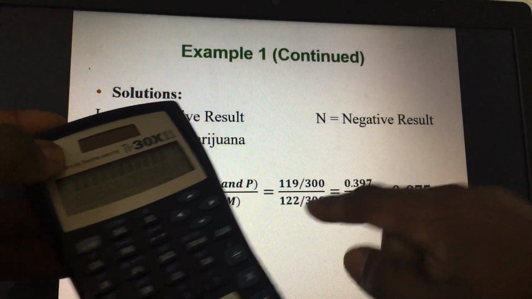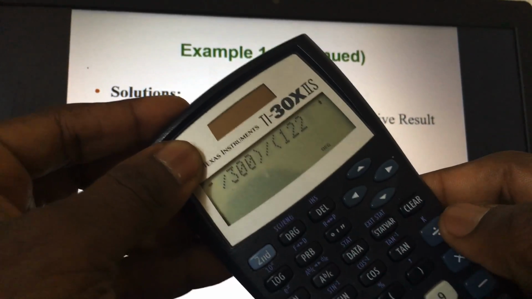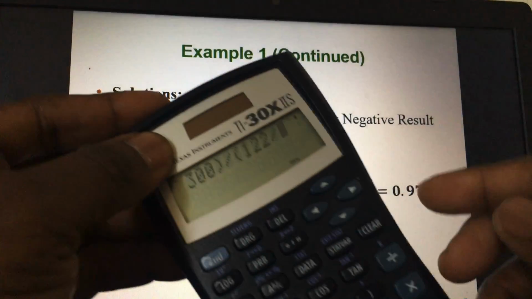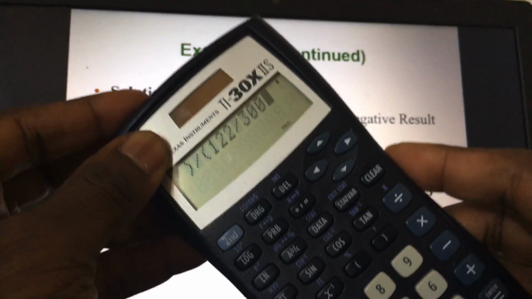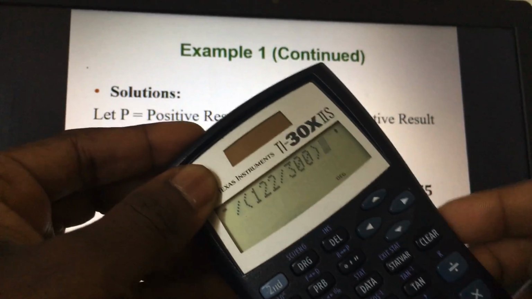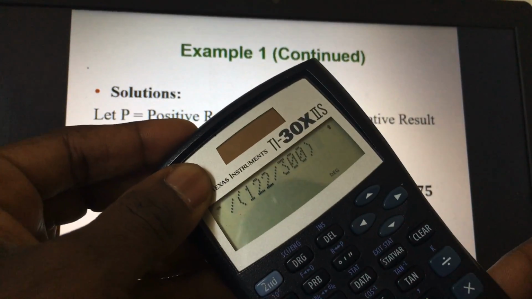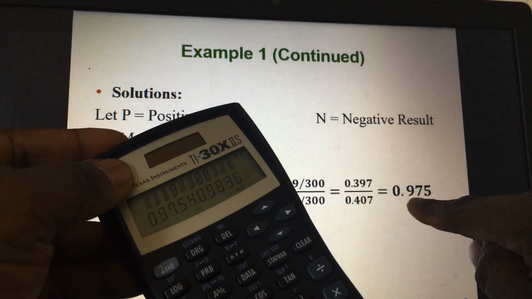I put 122 divided by 300. I close my parentheses, so that when I press the equal sign, I get this result, which is what I have here.